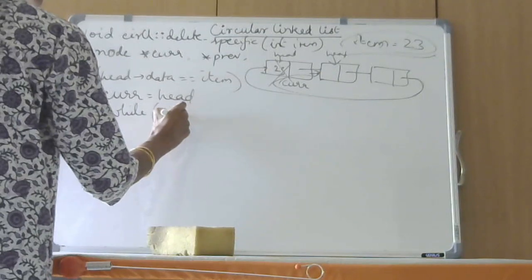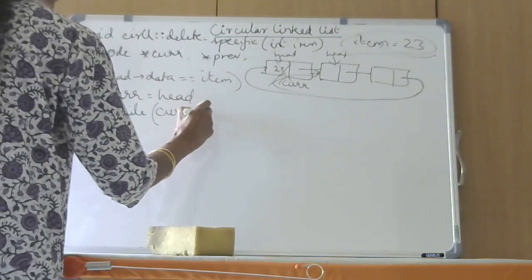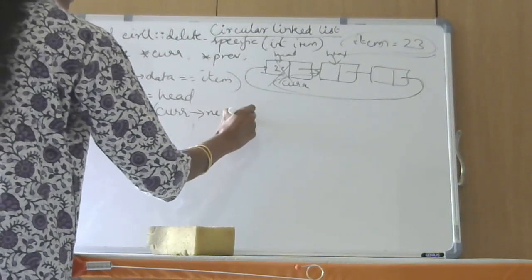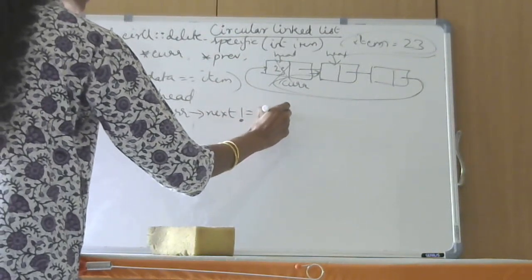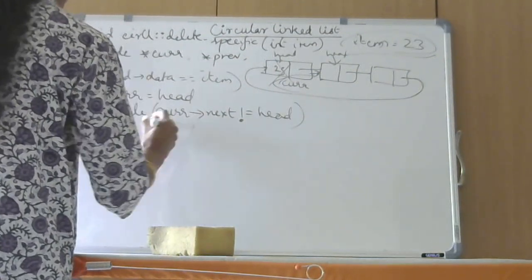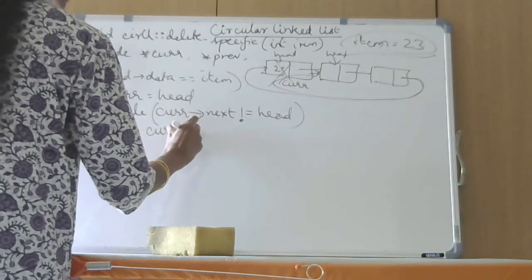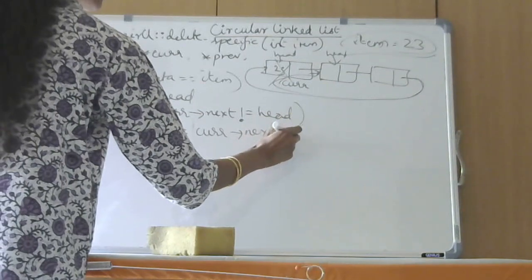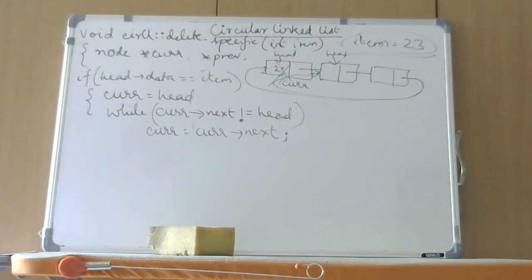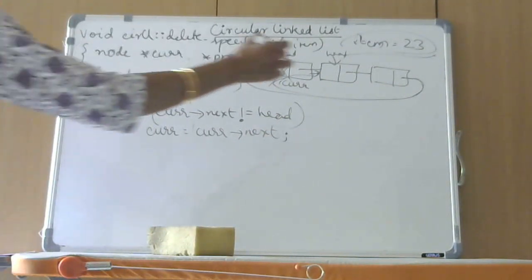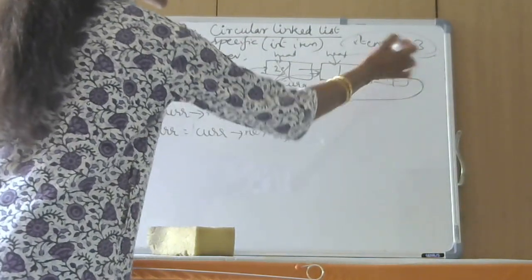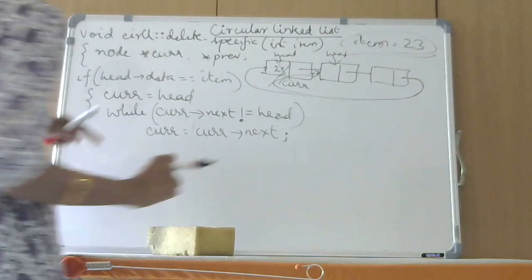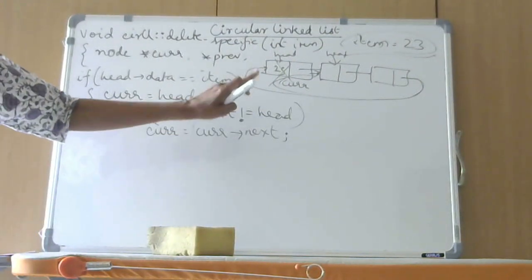While current of next is not equal to head, current is equal to current of next. That means I want to access this node. How do I access it? I will initialize current with head. So this becomes my current. While current of next is not equal to head.